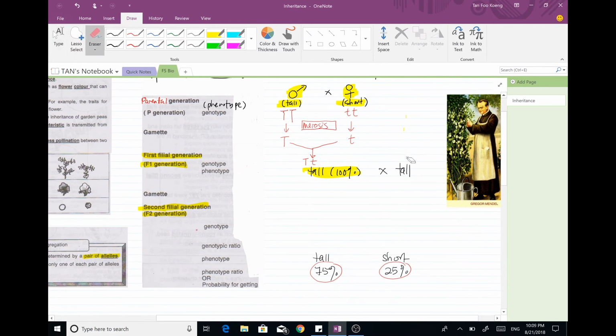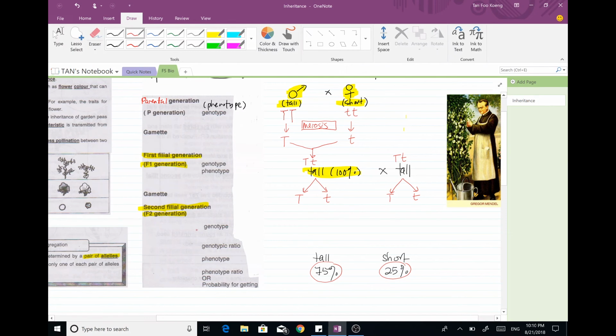Then, when Mendel crossed the tall F1 generation with another F1 generation which is also tall, guess what happens to their gametes? This F1 generation is able to produce two types of gametes. One is capital T, one is small letter t. Same as this, big T and small t. So how do we get the second filial generation?